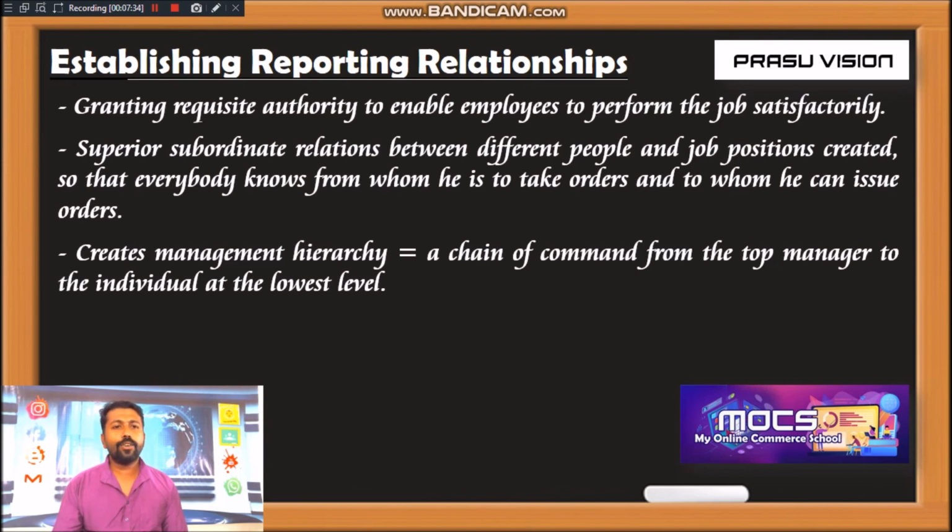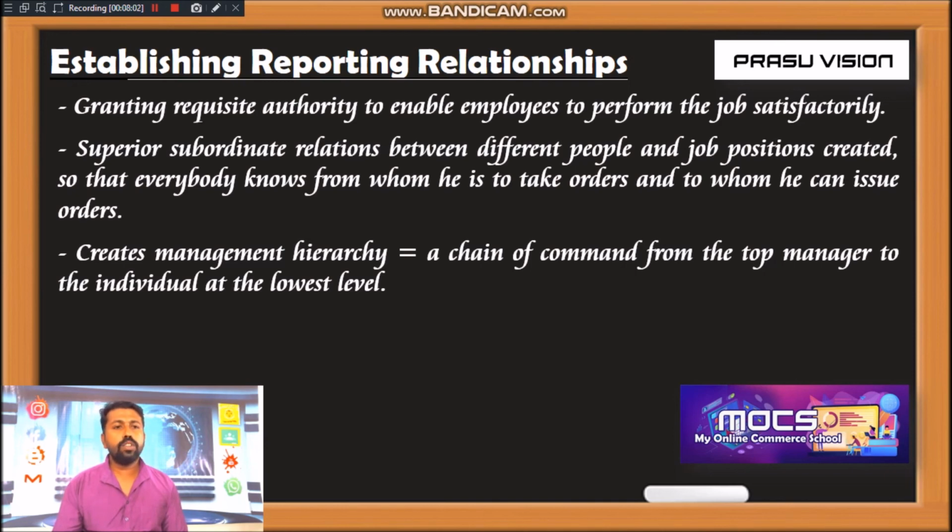So, granting required authority to enable employees to perform the job satisfactorily. Also, superior-subordinate relations between different people and job positions should be created. It will enable everybody to know from whom he or she is to take orders and to whom he or she issues orders and is responsible.